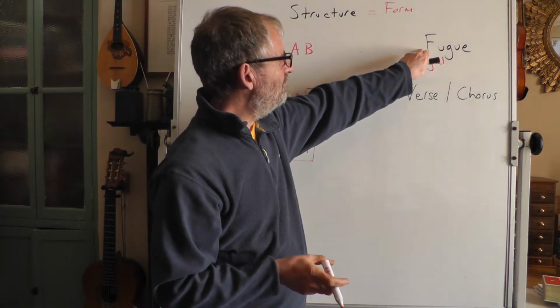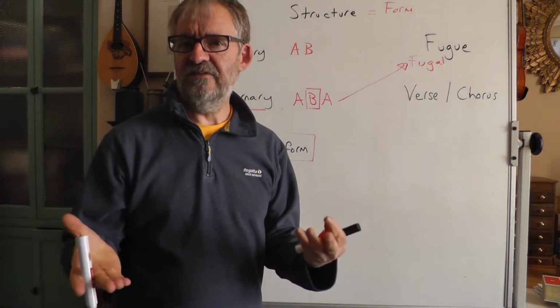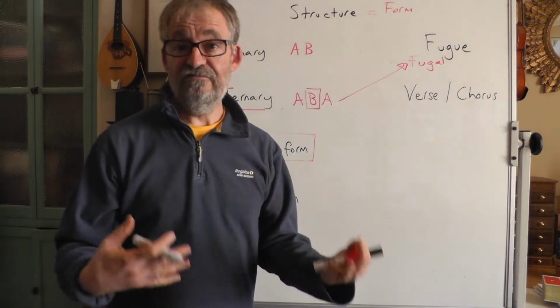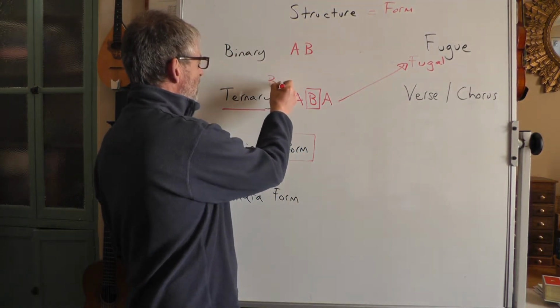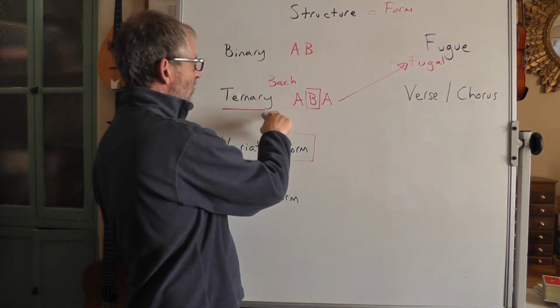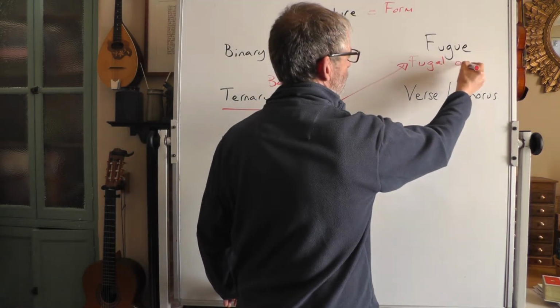And a fugue will carry on doing that. Well, a fugal passage starts doing that and then breaks down into a slightly freer version of that. So the Bach is both in ternary form, also known as ABA, but it also has a fugal opening.